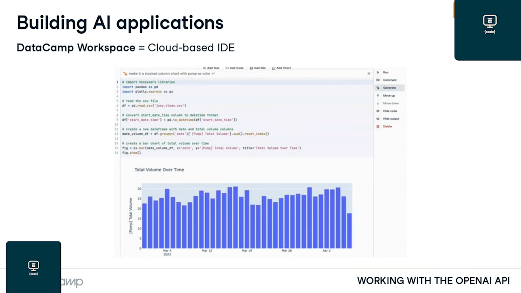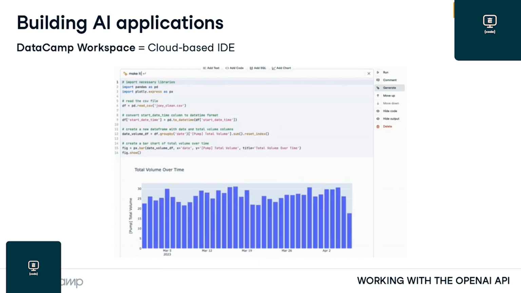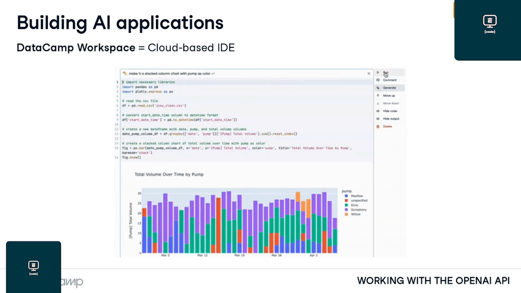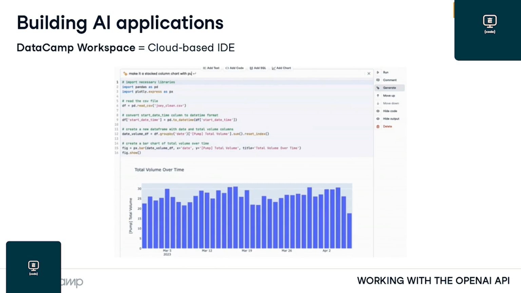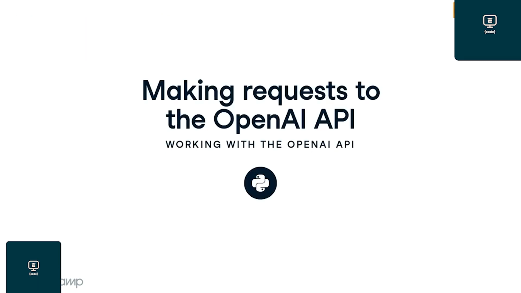In the example shown from DataCamp Workspace, we developed a feature where users can write or fix code by providing an instruction, all built on the OpenAI API. AI-powered products and services can provide much greater personalization to customers, so experiences can be tailored to an individual's needs and preferences.